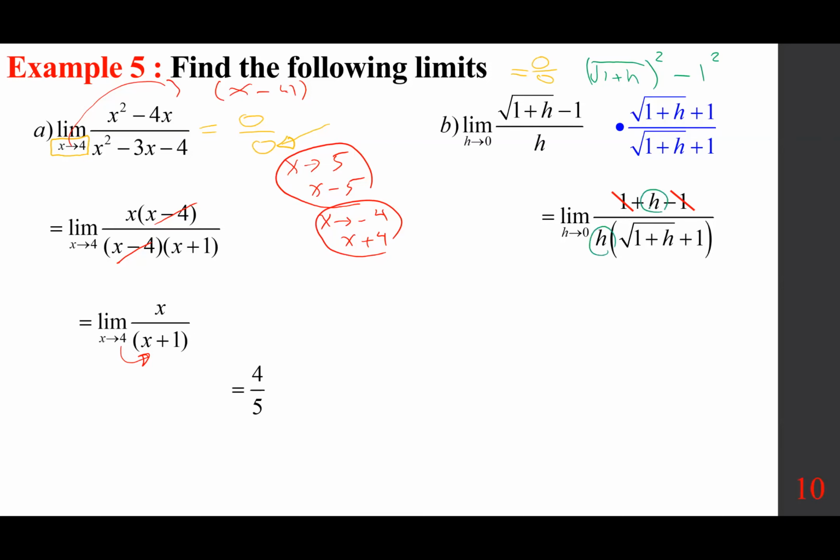So we are left with h in the numerator. We drop the h in the denominator, and the numerator changes to 1. Replace the h, and the denominator becomes 1 plus 1 equals 2, and the result is 1/2. 1/2 is the answer.